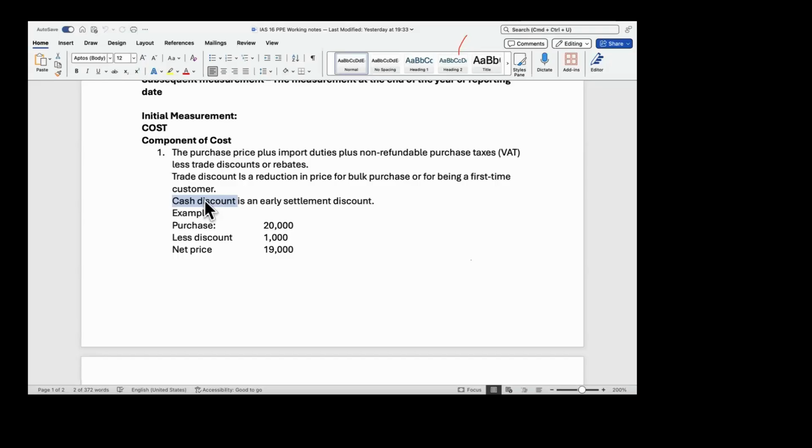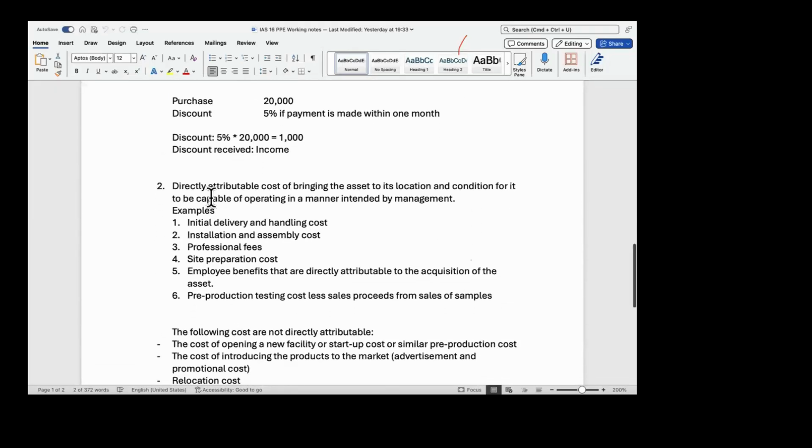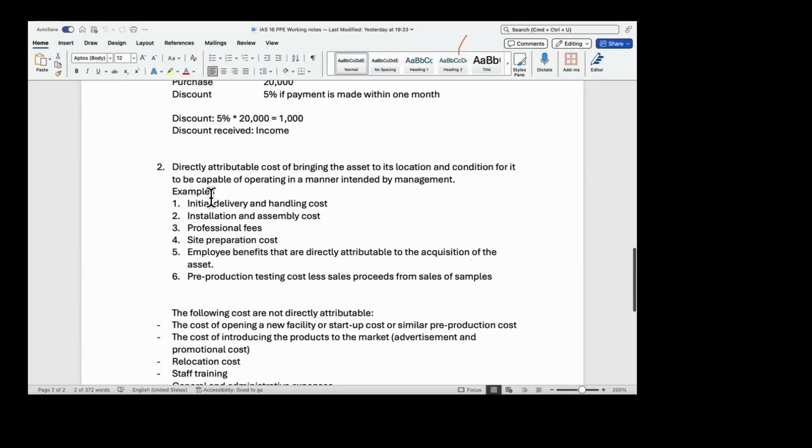It's not something you would deduct in the determination of your cost, because you are not sure whether you get it or not. I asked somebody that if you eventually get it, how do you treat it? And the person said income. That's a discount received. That's perfect. And that was how I explained trade and cash discount to you last week.